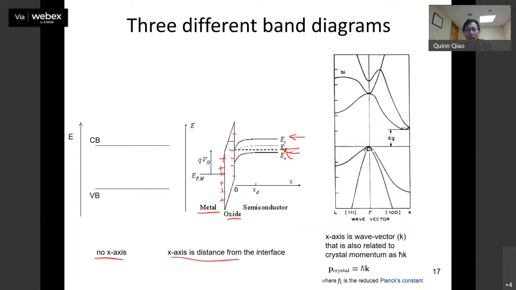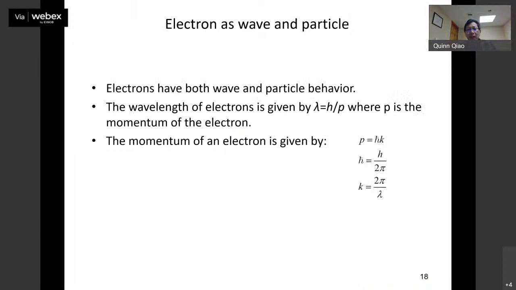So when we talk about direct band gap and indirect band gap, we use this. If the k is not the same, then we call that indirect. If it has the same k, there's no momentum change, and you call that a direct band gap semiconductor, okay?